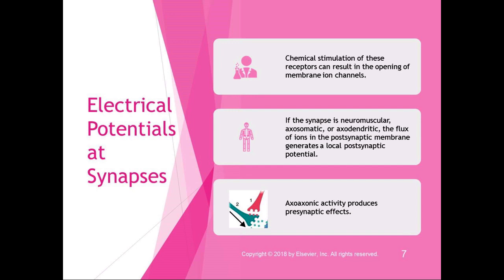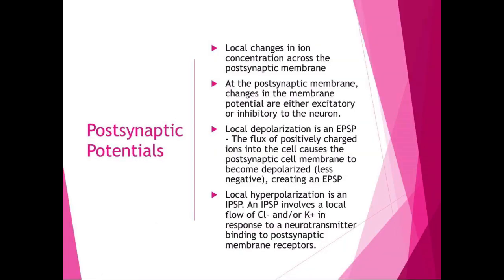One neuron is having an inhibitory effect on another. So depending on where the synapse happens, you can have a different effect and change the potential. But the axoaxonic is the one that produces the presynaptic effects. All the other ones generate postsynaptic effects.